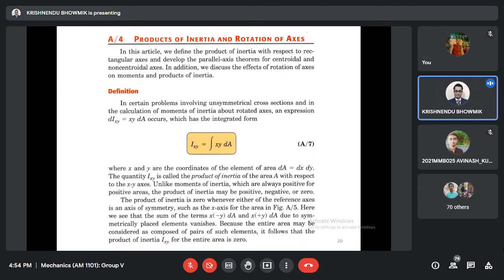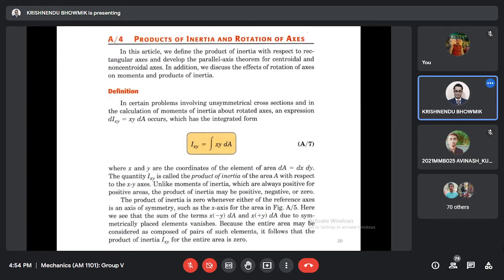But it has been noticed that for unsymmetrical bending, unsymmetrical cross sections, it is recommended to use the moment of inertia not for the same axis twice. One is with respect to x-axis moment, other is with respect to y-axis moment.